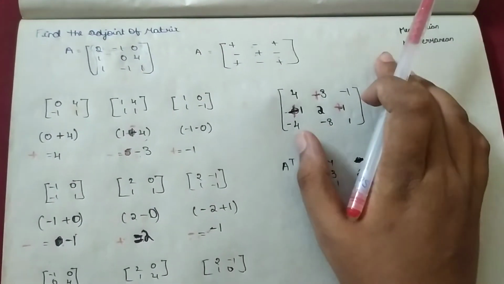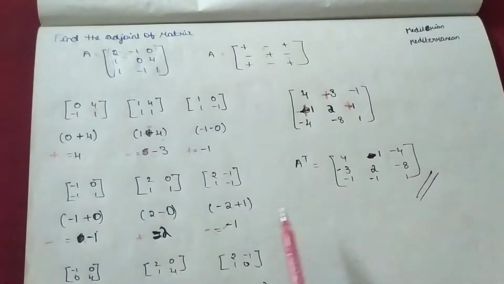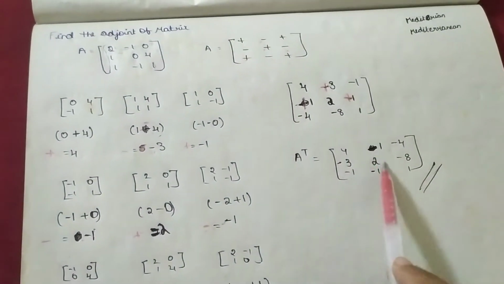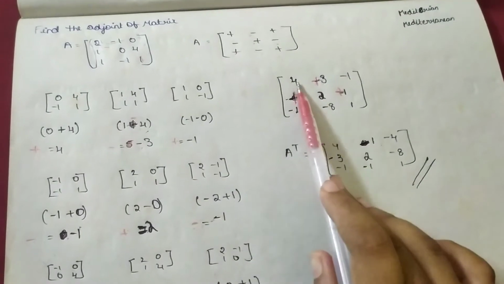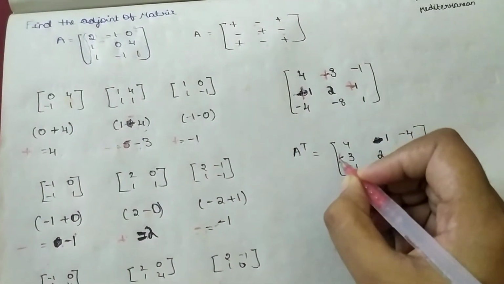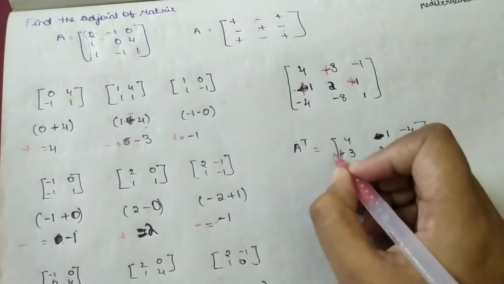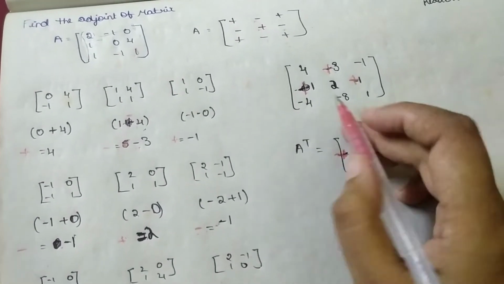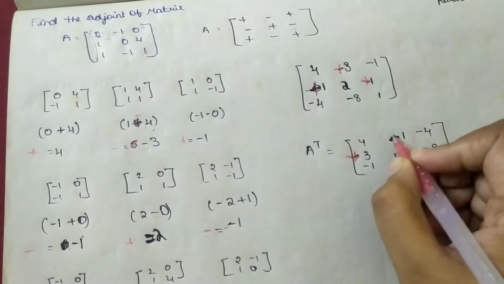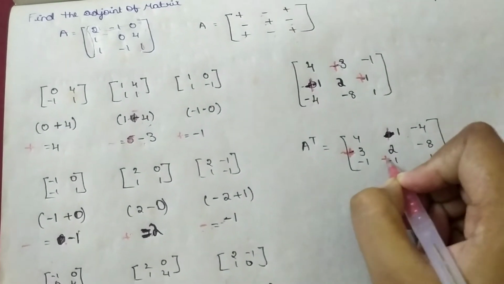This is the answer. But adjoint of a matrix means you have to write row as a column, row as a column, row as a column. See, 4, 3, minus 1. Then 1, 2, 1.